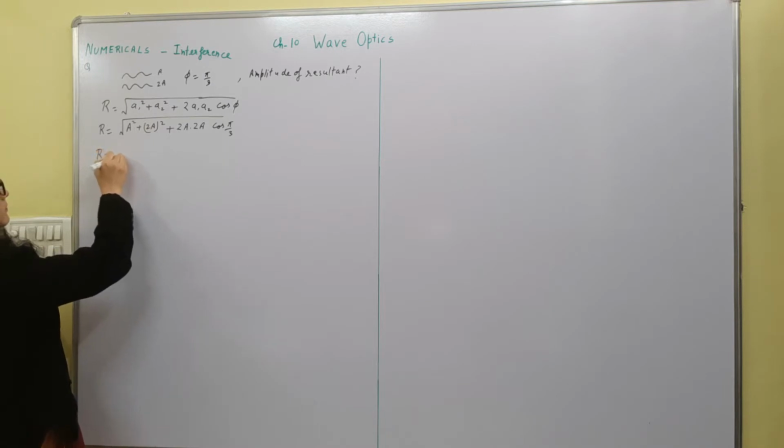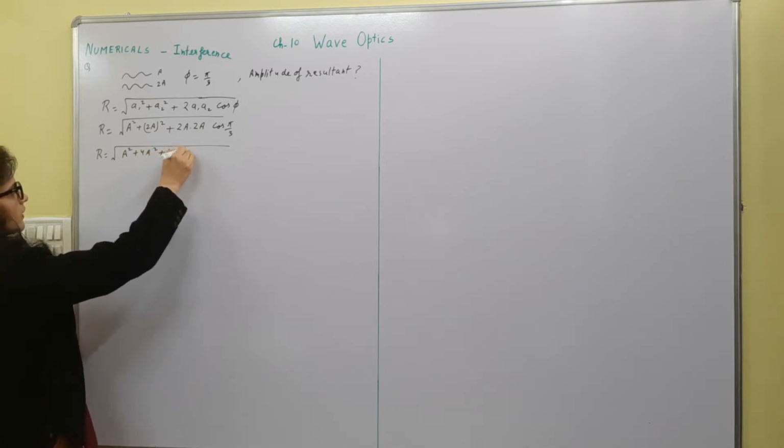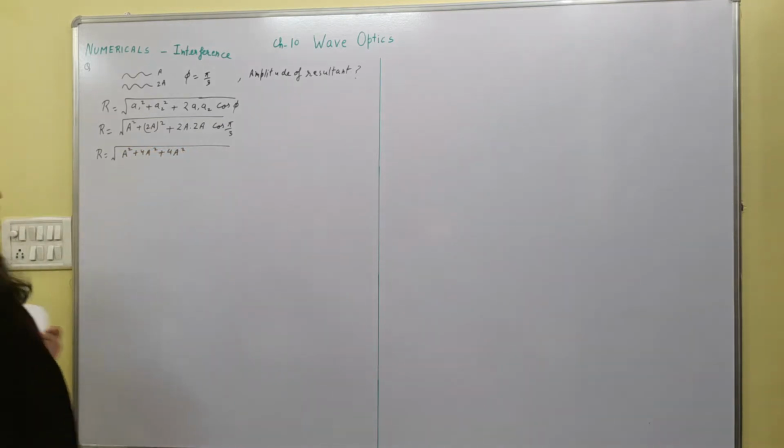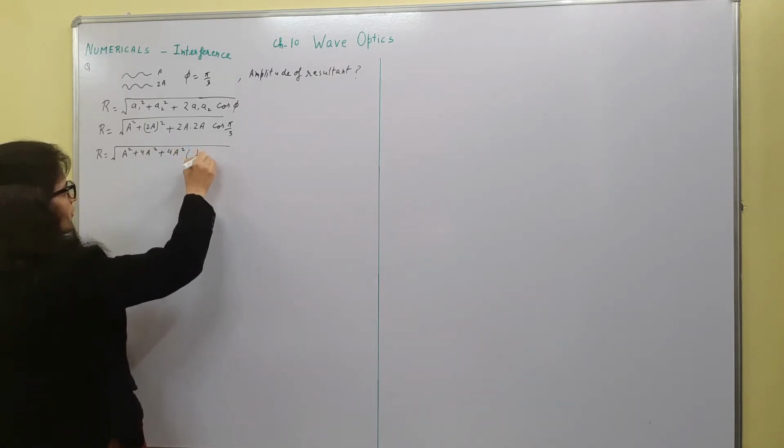This is a square plus 4a square plus 4a square cos pi by 3. Cos pi by 3 is cos 60 degree, and cos 60 degree is 1 by 2.